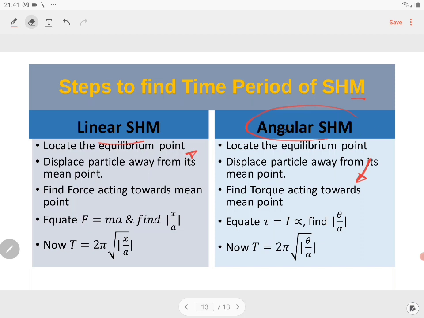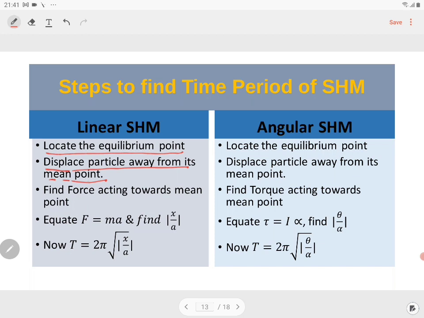These are the steps, children. I have clearly shown the steps to be followed. Locate the equilibrium point. Equilibrium point is the point where the net force acting on the particle is zero. Displace the particle slightly away from its mean point.